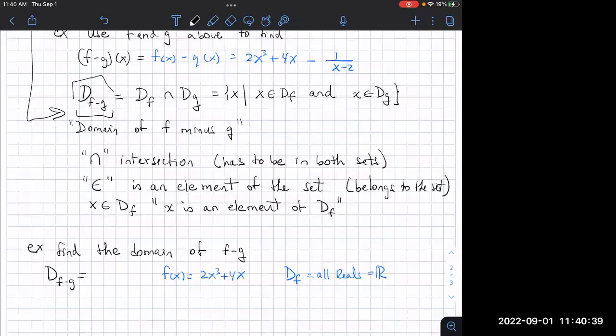So how would you read that? The domain of function f minus g equals domain of f intersection domain of g.